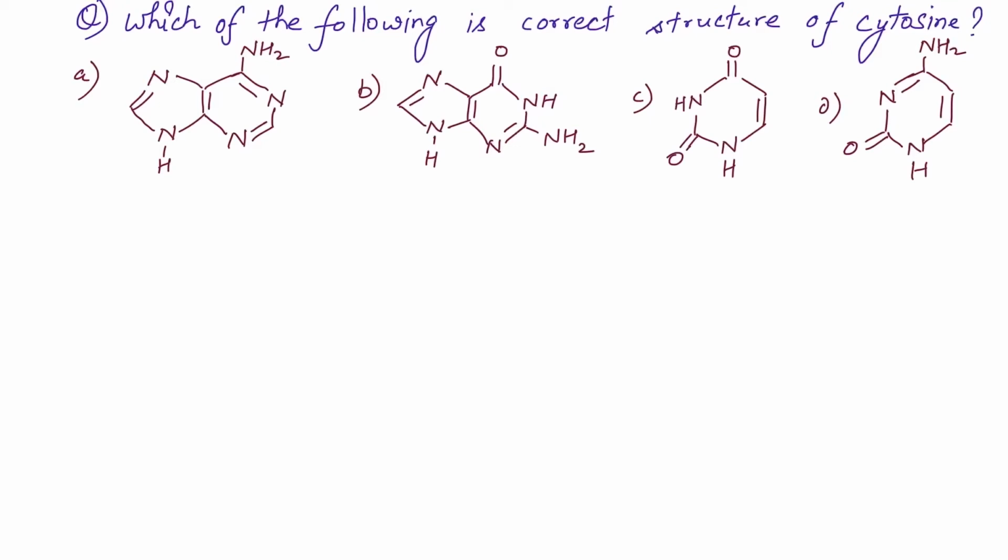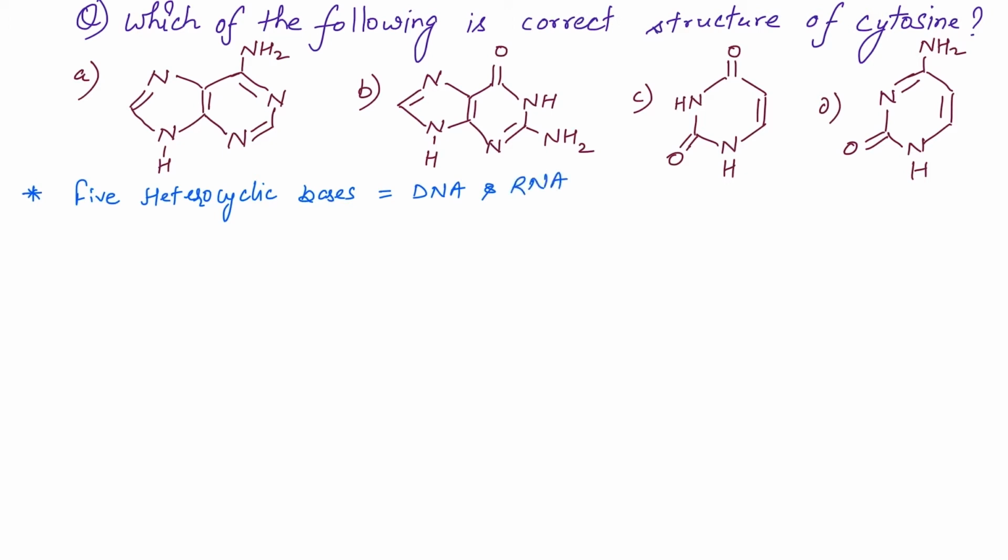Now let's try to do this question that was asked in the second shift. Which of the following is correct structure of cytosine? Now there are basically 5 heterocyclic bases present in DNA and RNA.